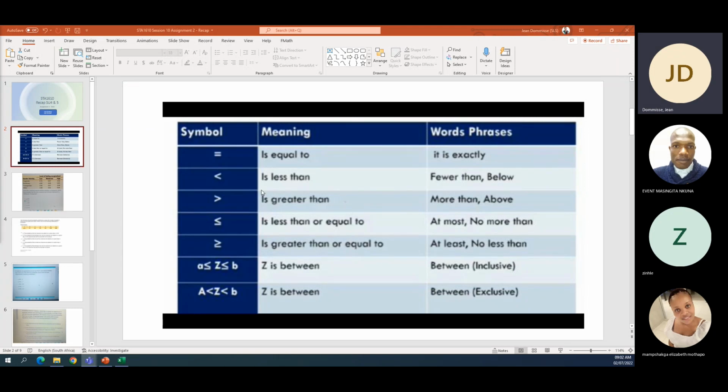It does really nicely explain all those words that sometimes you look at and you wonder, is it smaller or bigger? Is it between? Even words like inclusive and exclusive, we have now in this table as well.